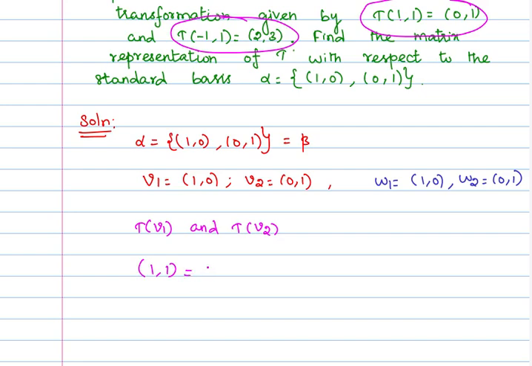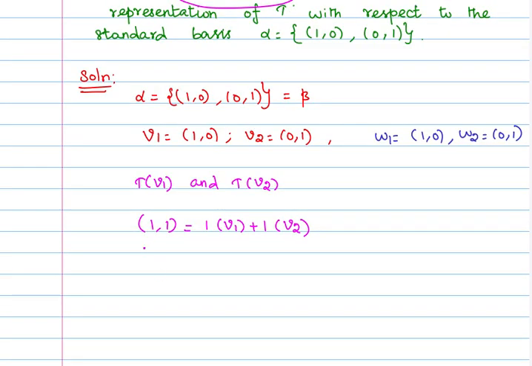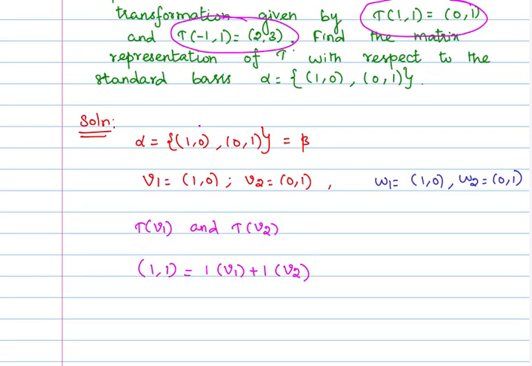It is 1 times v1 plus 1 times v2, I can write, correct? And similarly, the second point is (-1, 1), which is represented by -1 times v1 plus 1 times v2.